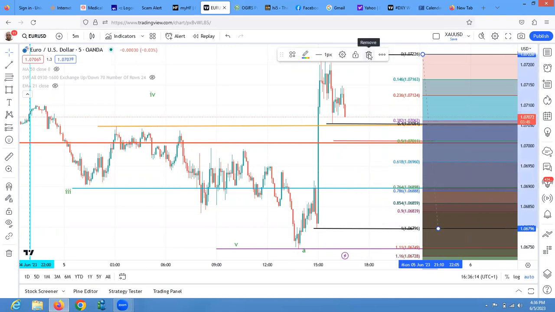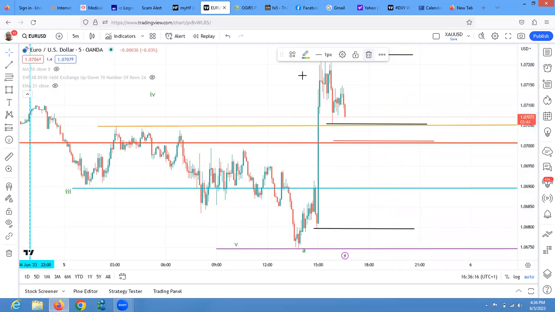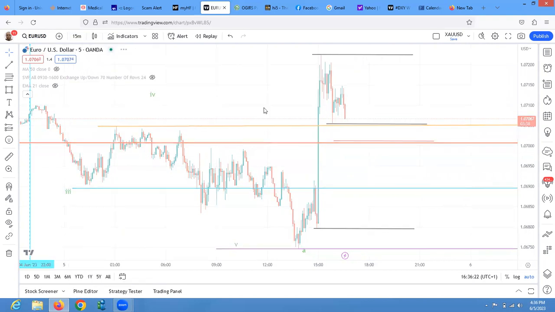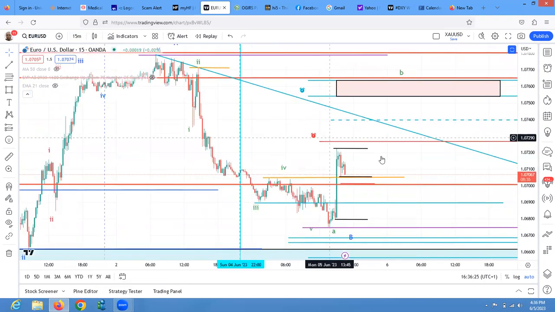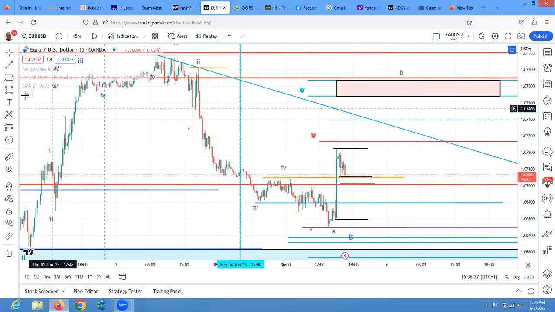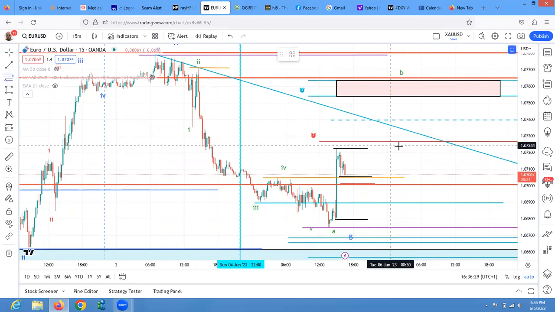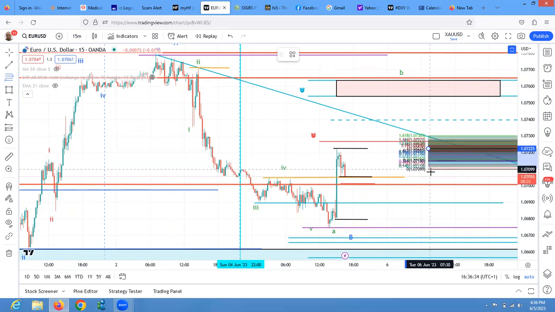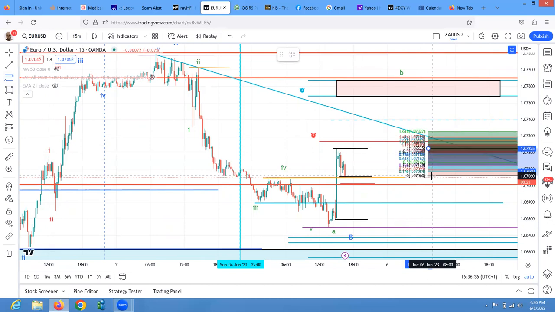Everything is funny now. So if I go to the 15 minutes time frame, it might just mean that if it goes up to what we are thinking, that this is the 4th wave almost getting there, we shouldn't break it to the downside.